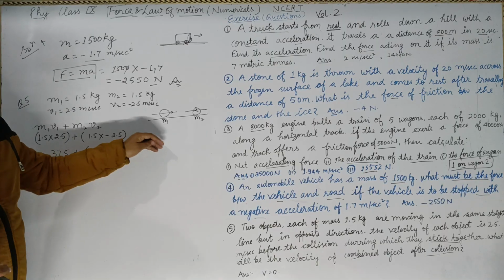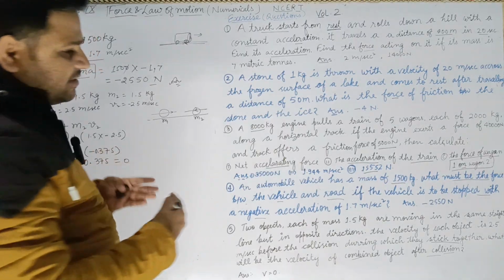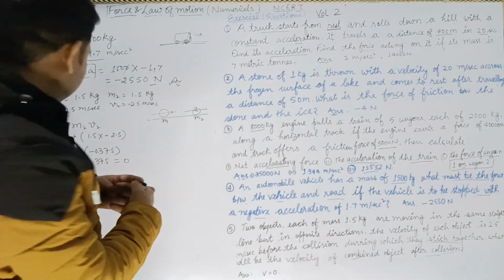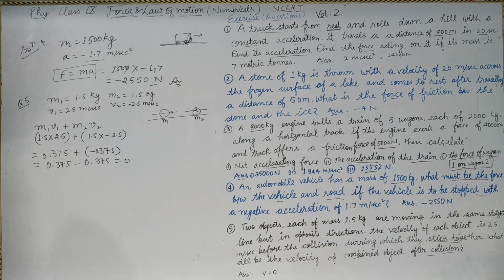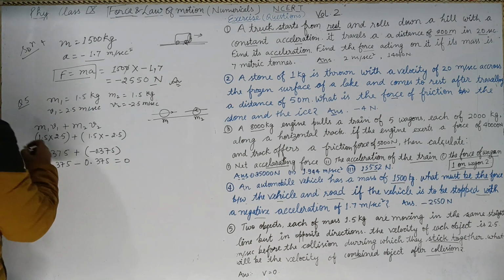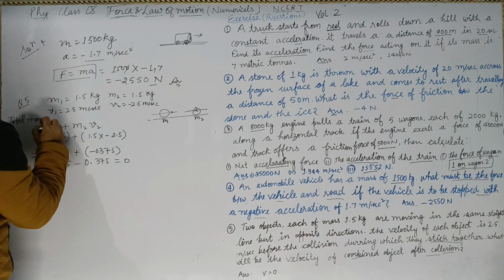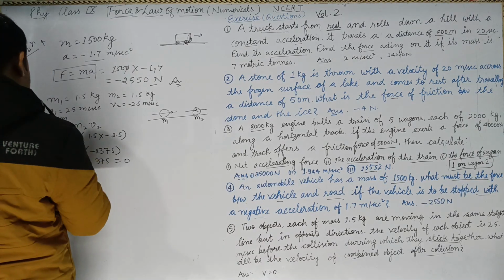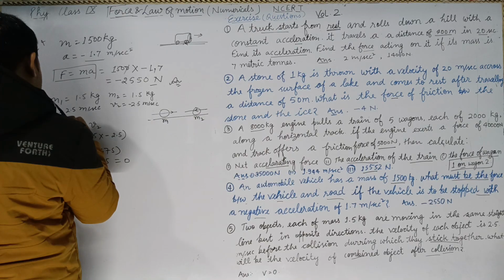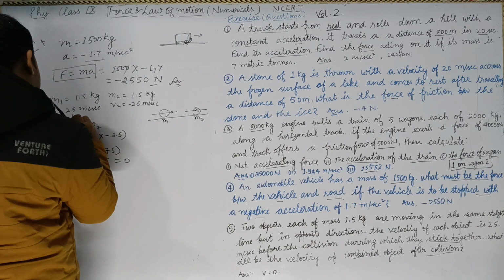When they strike each other, because the mass is the same and the velocity is the same but the direction is different, it will be zero. The total momentum before collision.